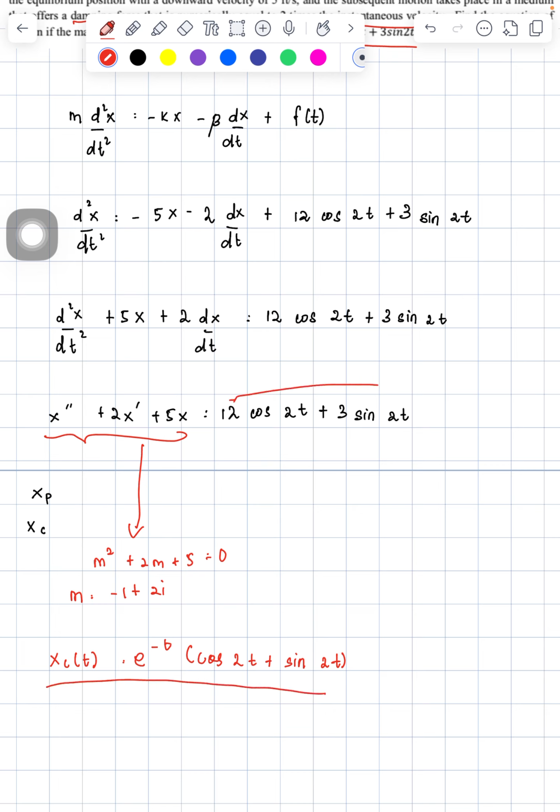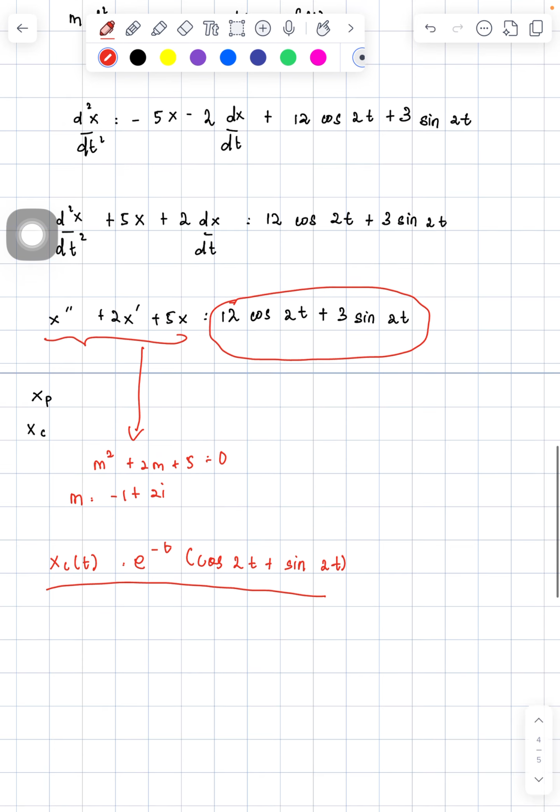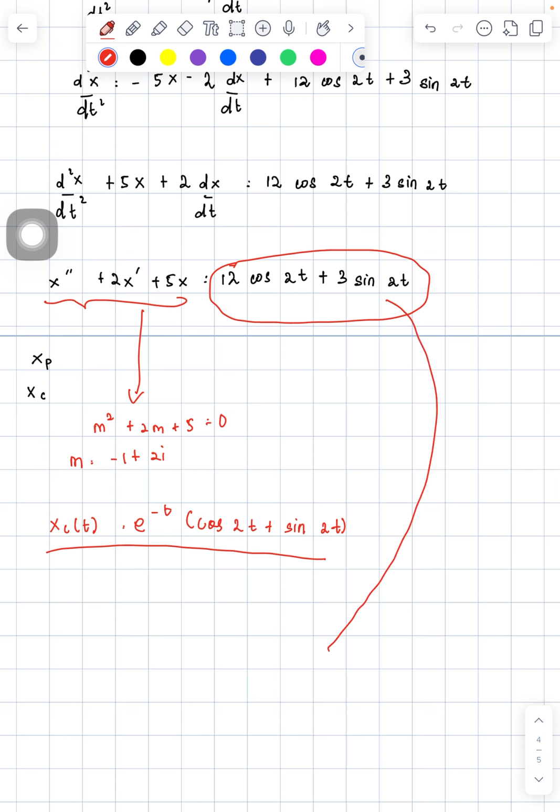Okay, since we have the external force F(t) here, and the equation is not equal to 0, we have to find xp. For the particular solution, you can use the undetermined coefficient method, or variation of parameters.